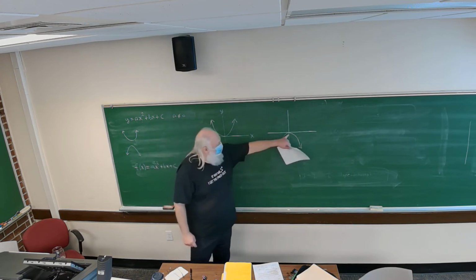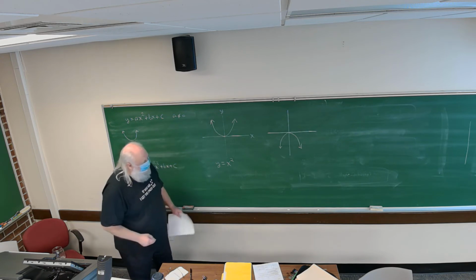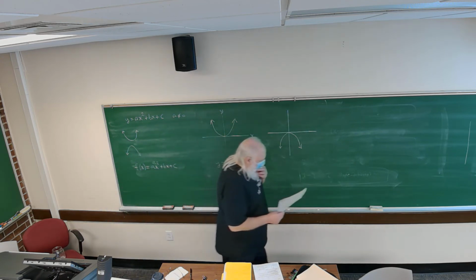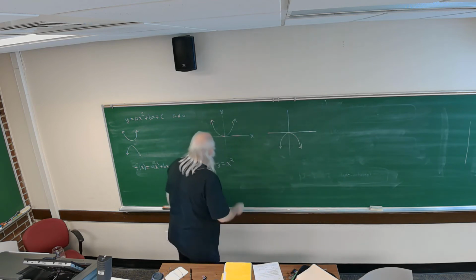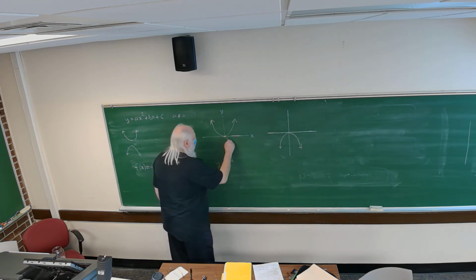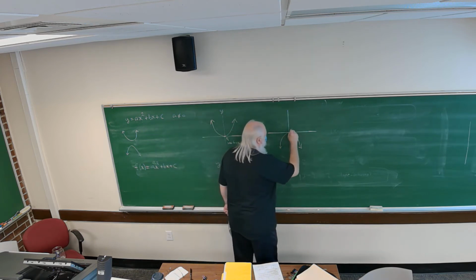The vertex is at the same location, but the graph is just flipped over the x-axis. The lowest or highest point is called the vertex. So this is the vertex in A, and this is at the origin, that's the vertex in B.